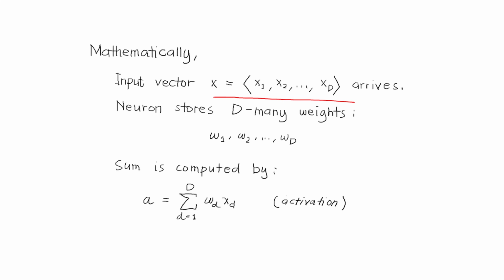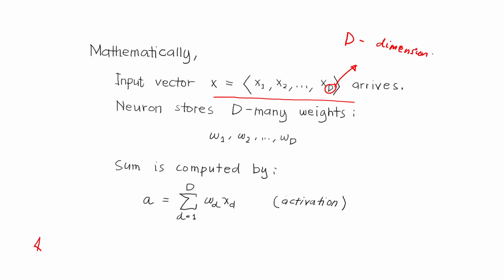Feature values can be categorical, and we have to convert that into vectors. So a vector has d many dimensions, d dimensions.